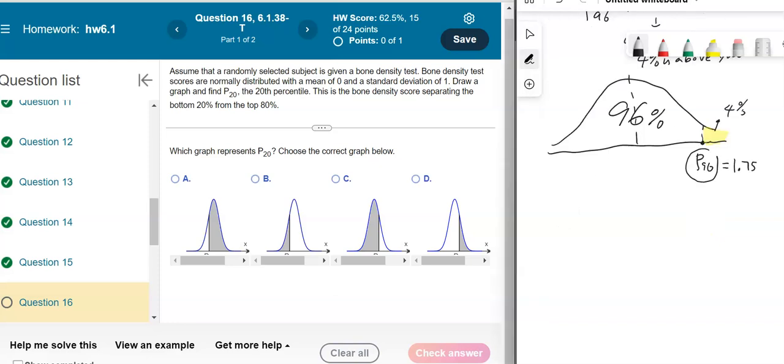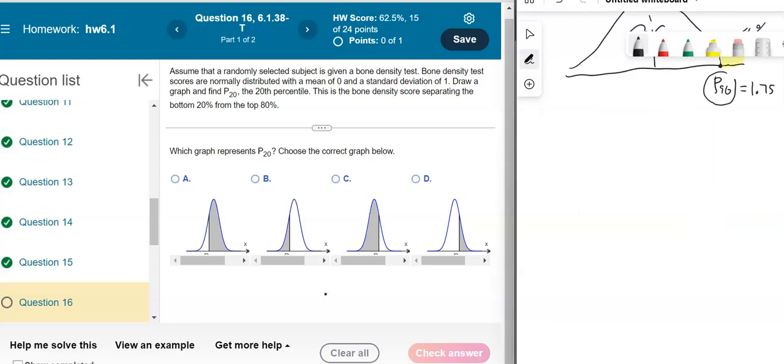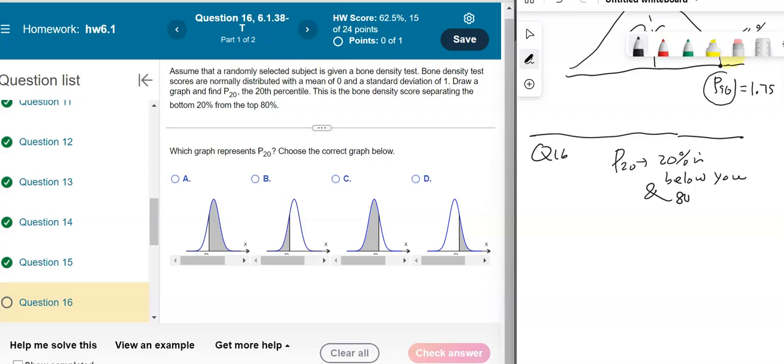Now, which graph is P20? Question number 16. P20 is 20% is below you, and 80% is above you.